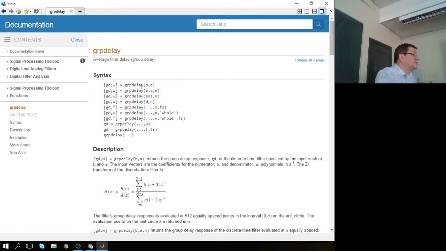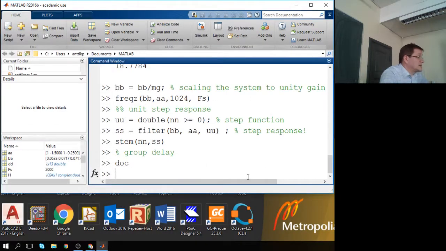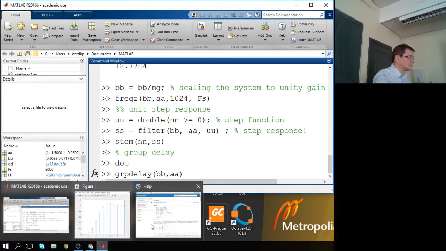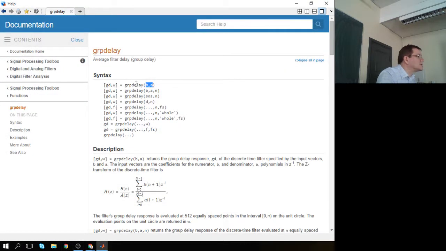So again, we have these parameters B and A for the system, and it probably also gives us the group delay. grpdelay, yes.